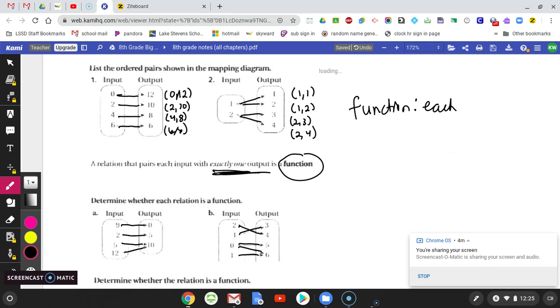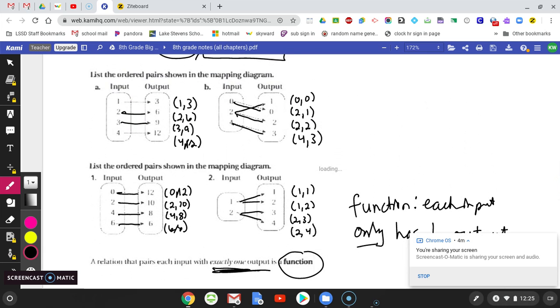Each input only has one output, and that's key. So if we look back at our examples that we've done, A is a function because each input only has one line coming out of it going to one output. And if I look at my coordinate points, each input is different.